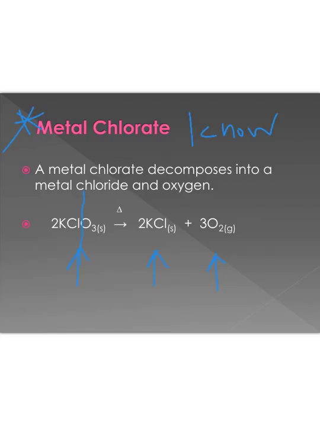We of course want the correct chemical formula for our metal chloride, and so potassium is a +1 and chlorine is a -1, so that's why that's KCl. And then remember, oxygen is diatomic and would be represented as O2 as a gas. Okay, and then we've got an ionic compound here in our metal chloride, so we'll label that as a solid. Again, notice how this is heated to make it decompose. And we do need some additional coefficients to balance out this chemical equation shown here.